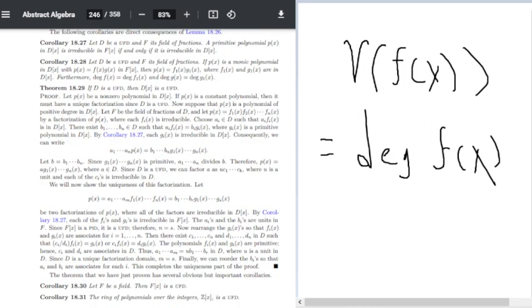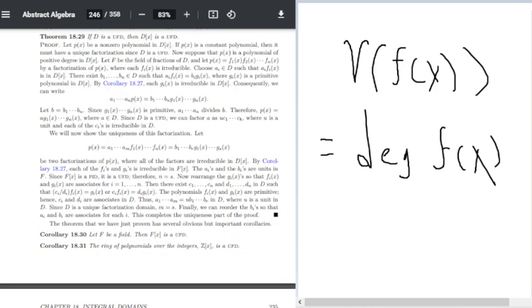Let b equal b1 all the way multiplied to bn. Since g1(x) times all the way to gn(x) is primitive, a1 to an divides b. Therefore, p(x) is equal to a g1(x) all the way to gn(x), where a is in D. Since D is a UFD, we can factor a as u c1 all the way to ck, where u is a unit and each of the ci's is irreducible in D.